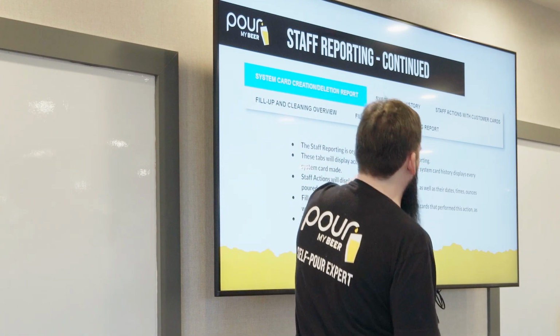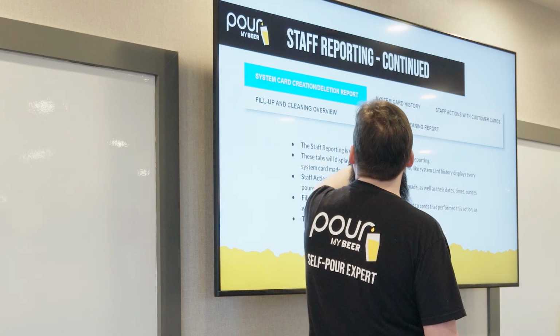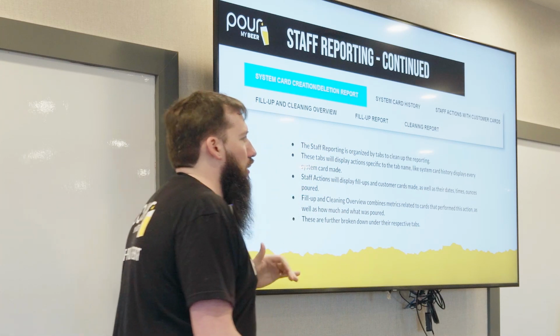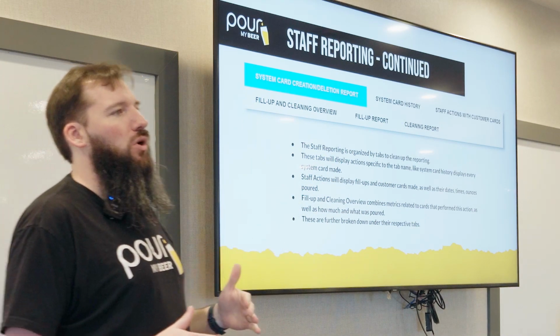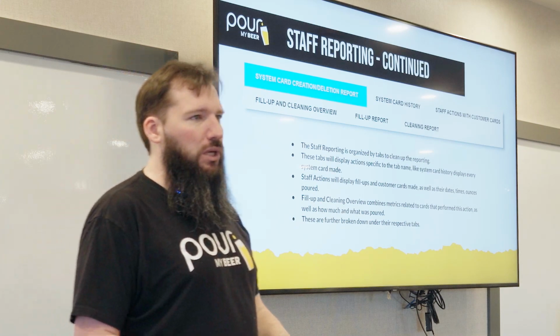Again, they're pretty self-explanatory. A fill-up report, by default, this can be turned on or off. Customer cards can do what is called a fill-up. Most people, believe it or not, don't know how to pour beer out of a tap into a glass without turning it into a nightmare.